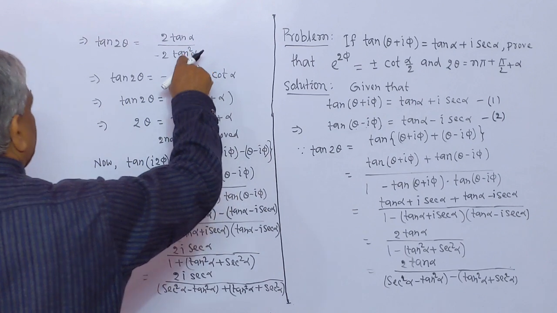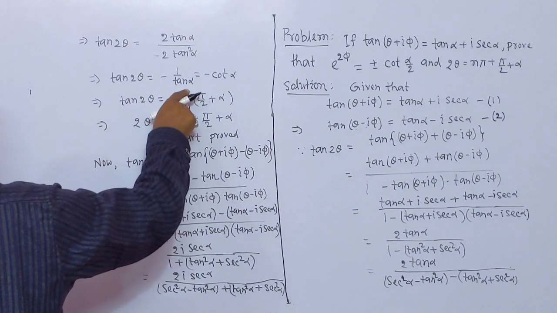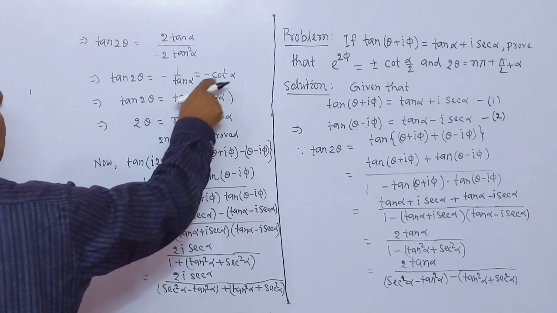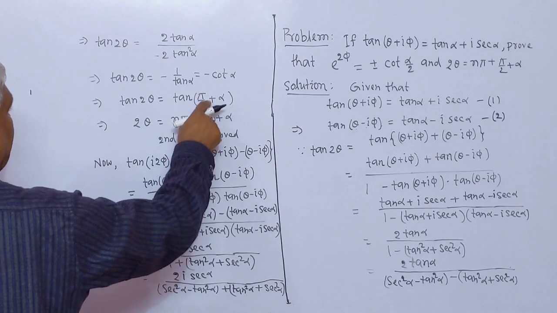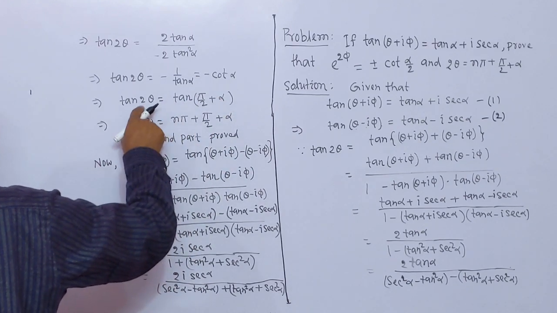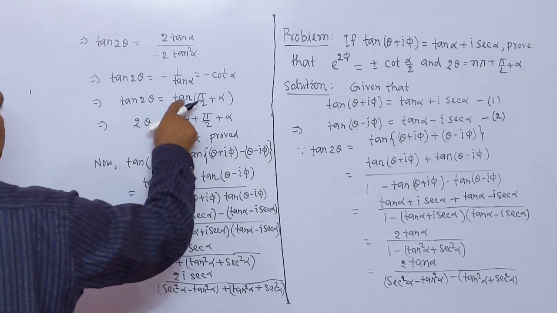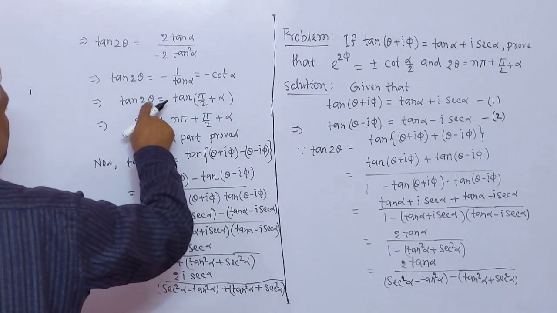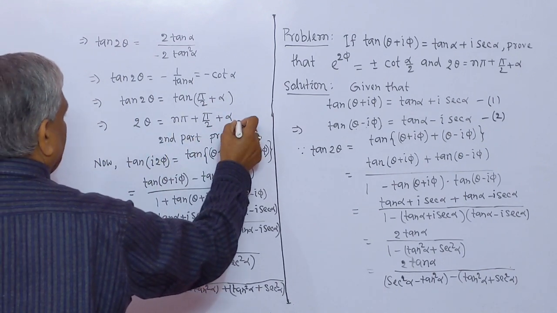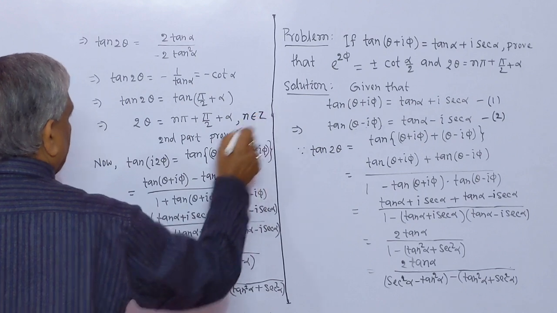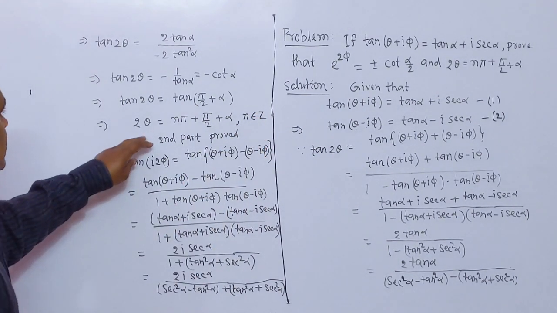Tan alpha cancels, so remains minus 1 / tan alpha, and 1 / tan alpha is cot alpha. Minus cot alpha may be written as tan(pi/2 + alpha). By the general formula, tan 2 theta = tan(pi/2 + alpha) means 2 theta = n pi + pi/2 + alpha, where n belongs to Z, the set of integers. Therefore, the second part is proved.